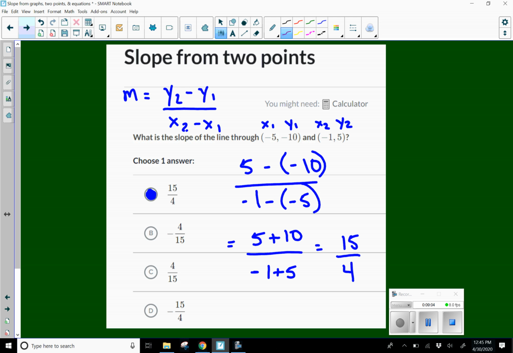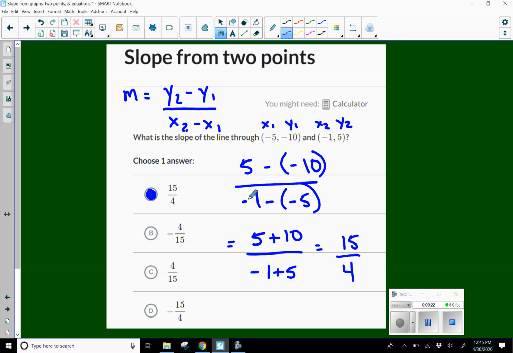Okay, again, I've put the formula there for you, and I've also labeled x1, y1, x2, and y2. We're finding the slope of the line through those 2 points. So I'm just going to plug that into my formula. y2 is 5 minus y1, which is -10.